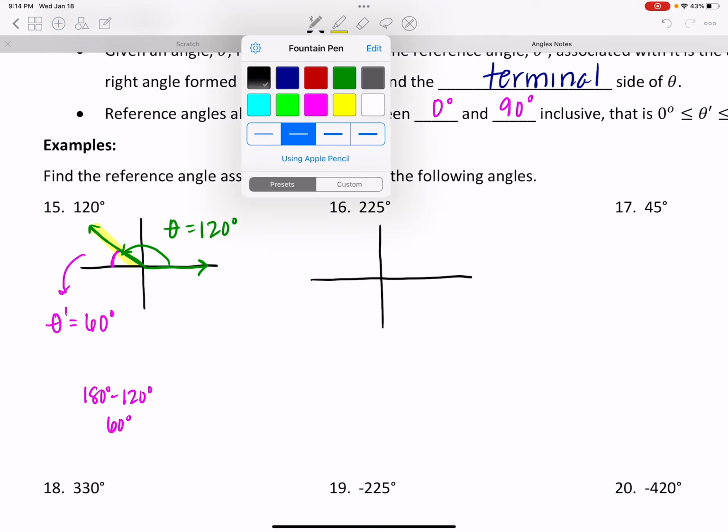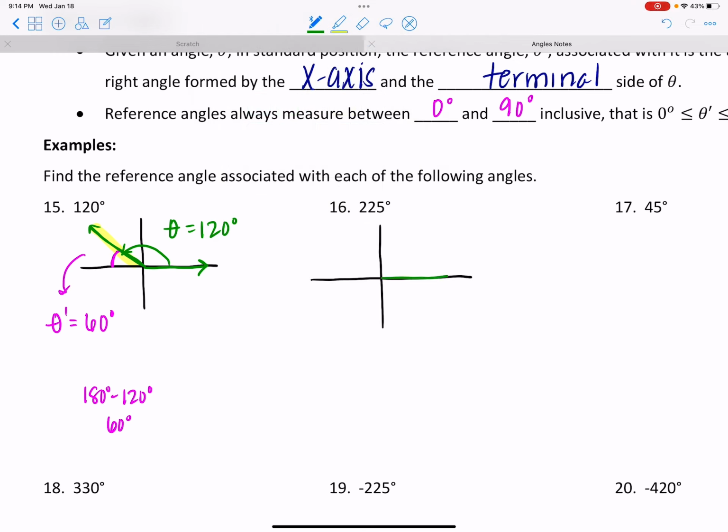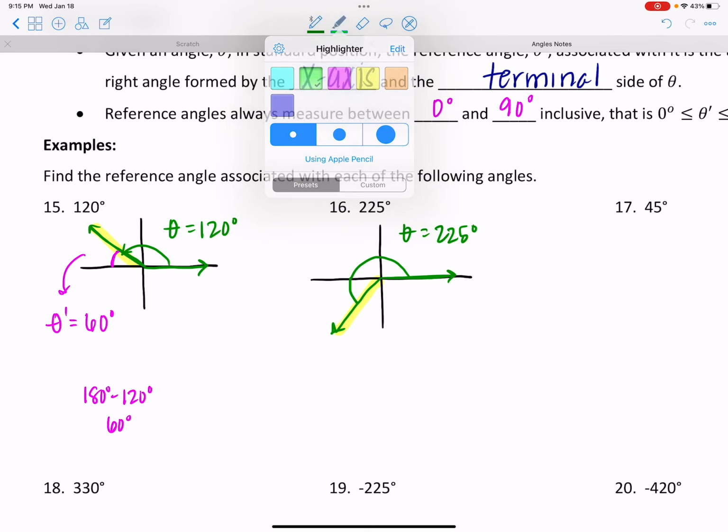Okay, so a 225 degree angle. We're going to start here, and we're going to go 90, 180, and not all the way to 270. So we're going to land in here. Okay, so we're going to say theta again is 225. And what I'm trying to do is take this terminal side and find the smallest angle between that terminal side and the x-axis. So again, there's a couple different ways to get back to the x-axis.